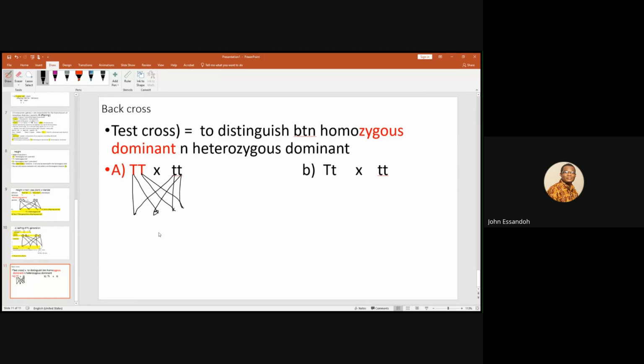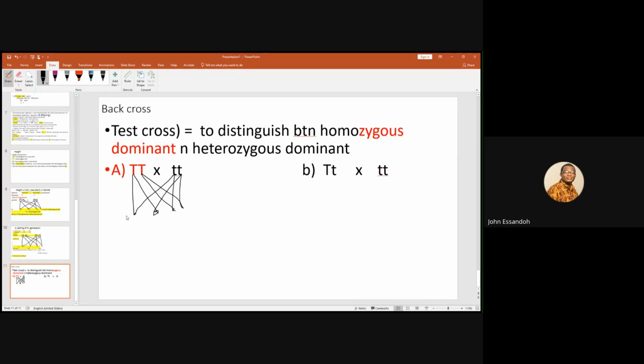So let's see, the ladies, what did you get? Capital T, small t. All of them came out to be capital T, small t. So there's nothing like phenotypic ratio or genotypic ratio, because everything is one.